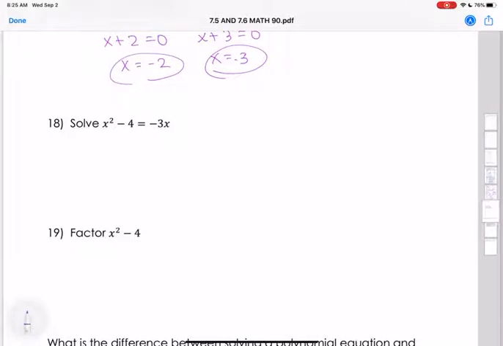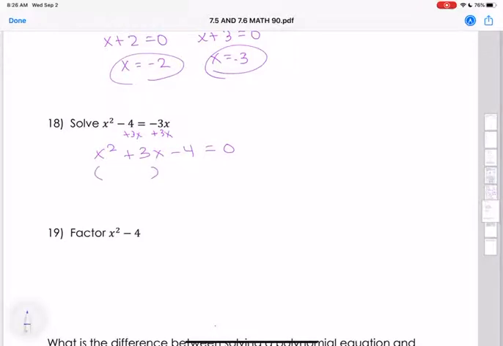Number 18, x squared minus 4 equals negative 3x. What should I do first? Add that 3x to both sides, right? You can write it in there if it helps. Add 3x. So we get x squared plus 3x minus 4 equals 0. Go ahead and factor.